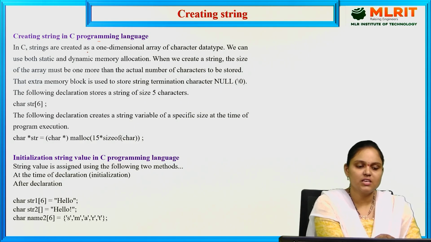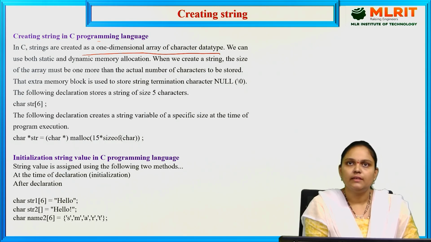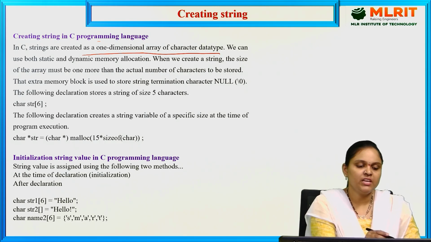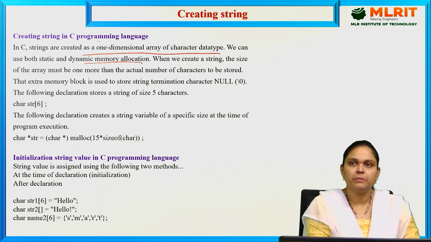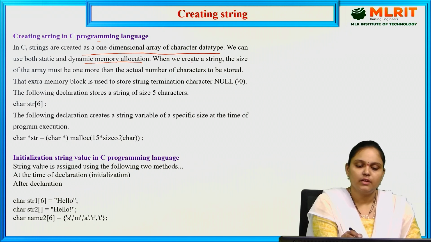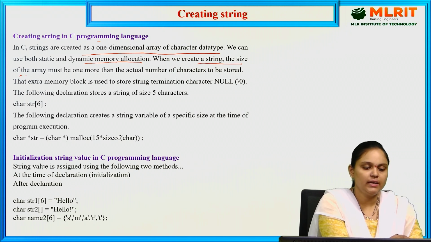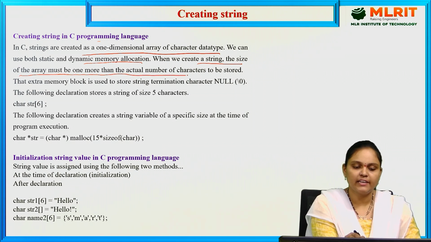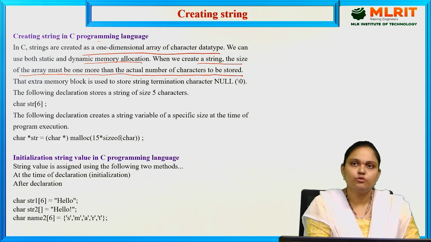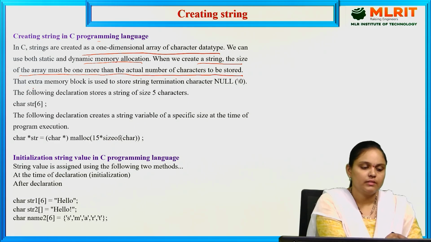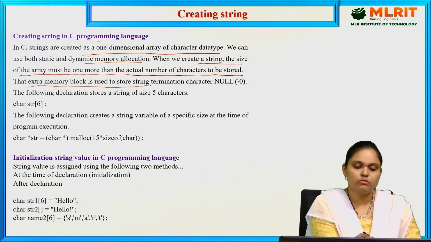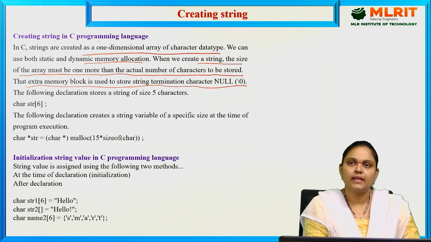In C, strings are created as a one-dimensional character data type array. We can use both static and dynamic memory allocation, as we saw just now. When we create a string, the size of the array must be more than the actual number of characters to be stored. That extra memory block is used to store the string termination character, null.